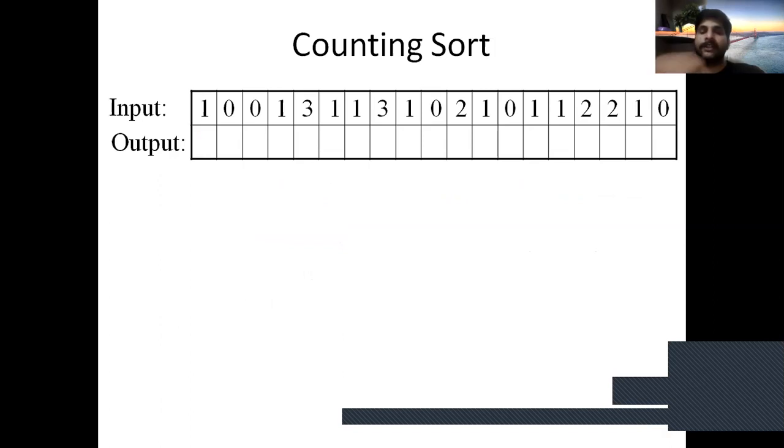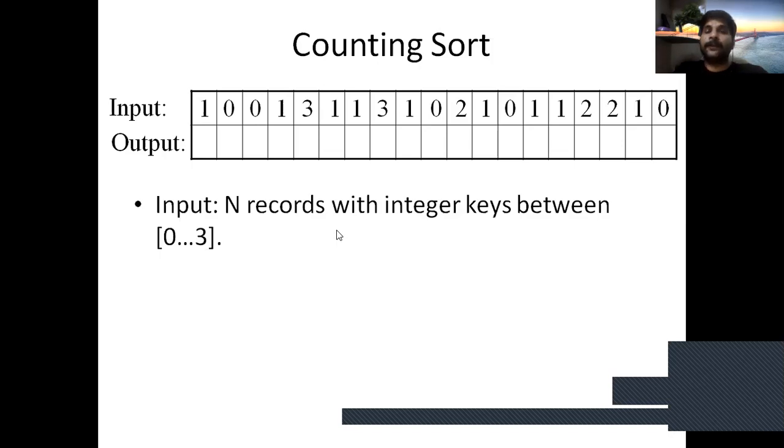Now we also understand counting sort with the help of this example. Suppose the input is given: 1 0 0 1 3 1 1 3 1 0 2 1 0 1 1 2 2 1 0. The input records are integer keys between 0 and 3, with minimum value 0 and maximum value equal to 3.